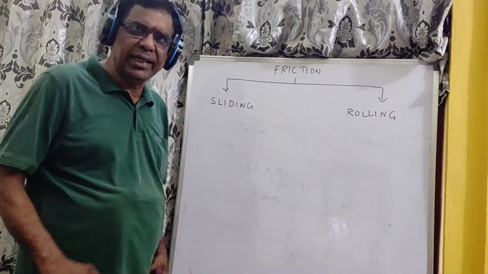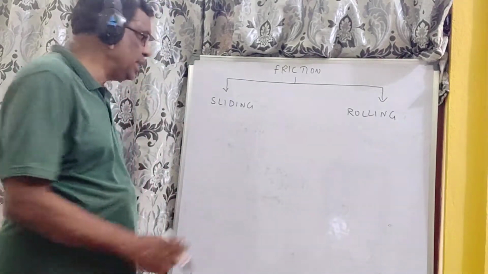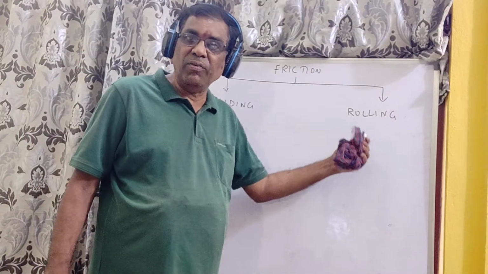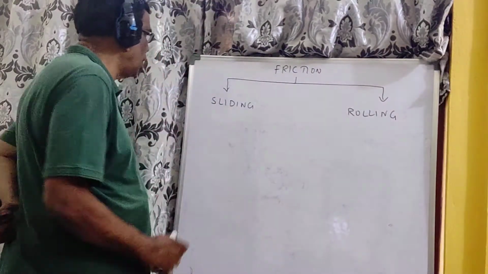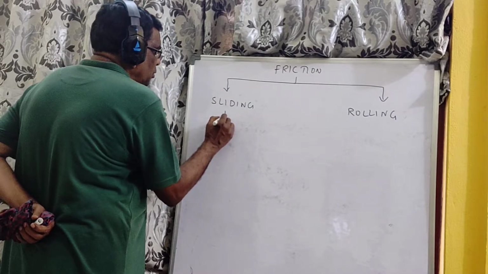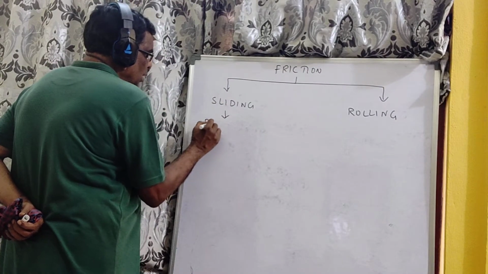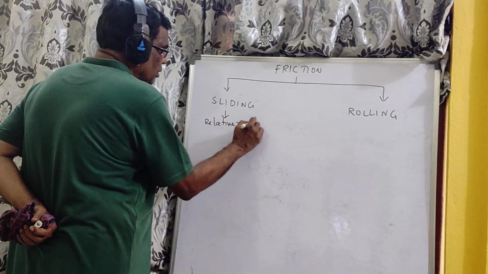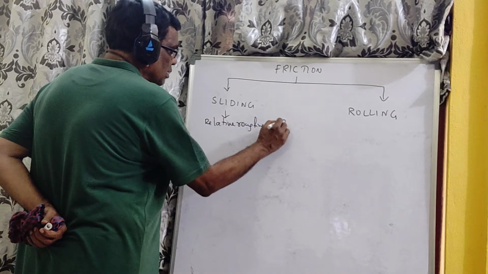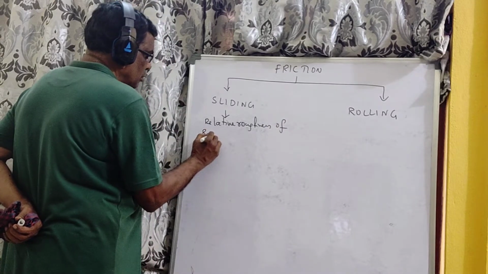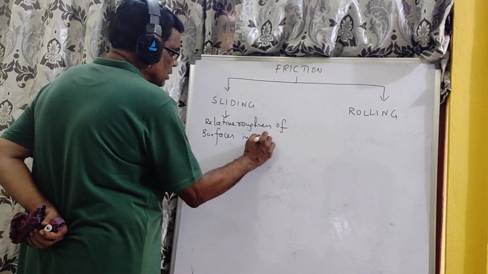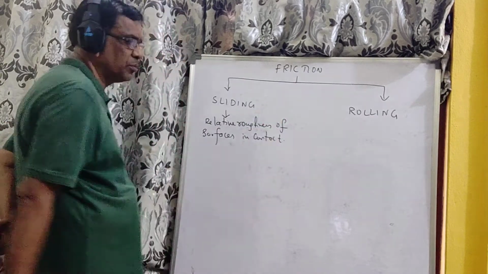What is a sliding friction? What is it due to? And what is rolling friction? And what is it due to? Now, sliding friction is due to the relative roughness of surfaces in contact.